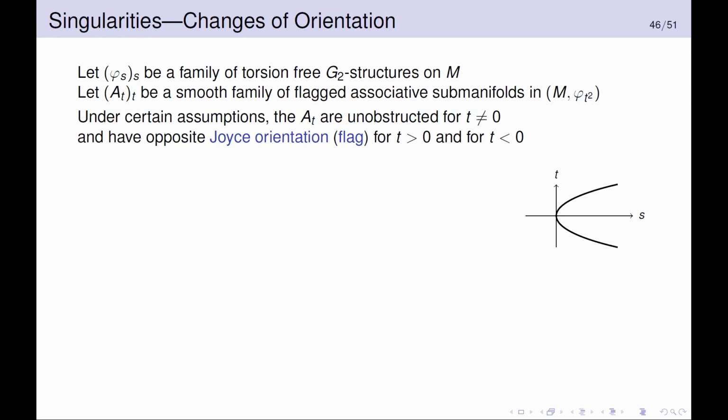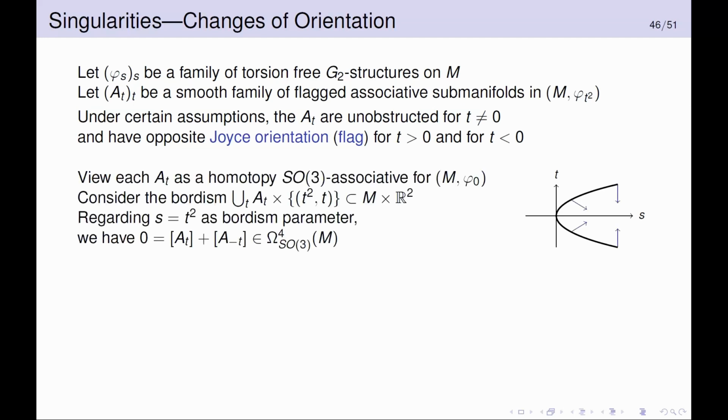And if everything is set up nicely, then the Joyce orientation, which is actually the flag, will change. So we view each A_t as a homotopy SO(3) associative, and we consider the bordism that we get by taking the union of those.